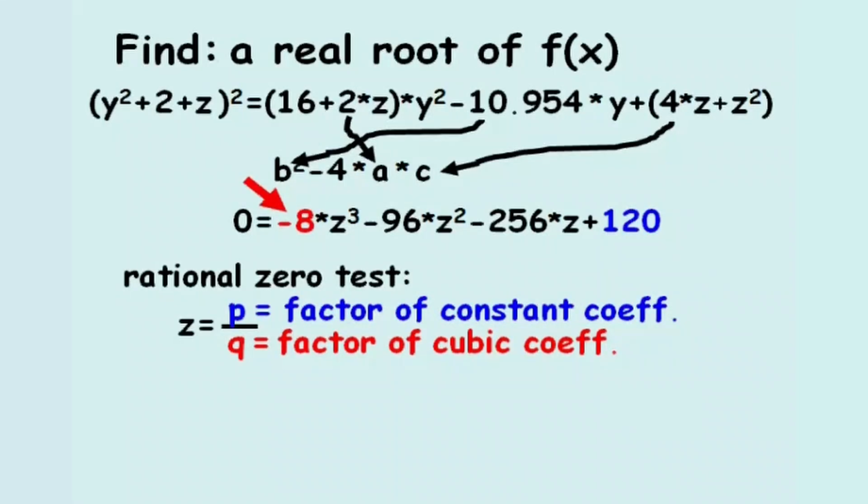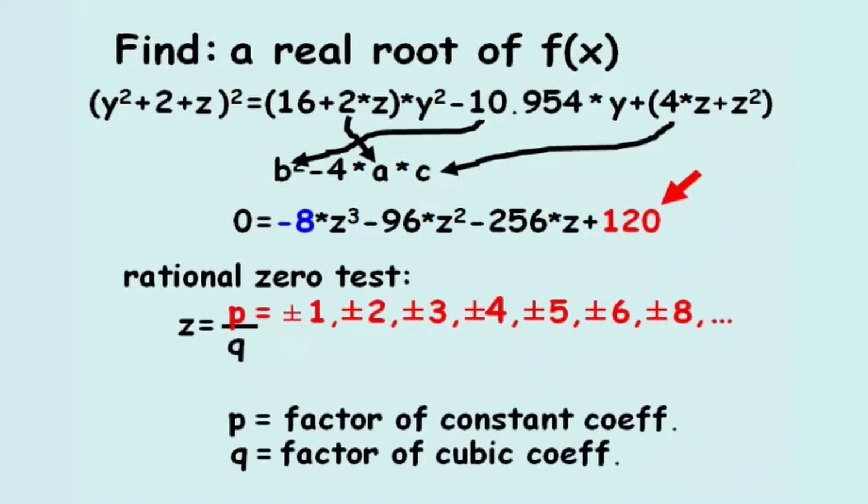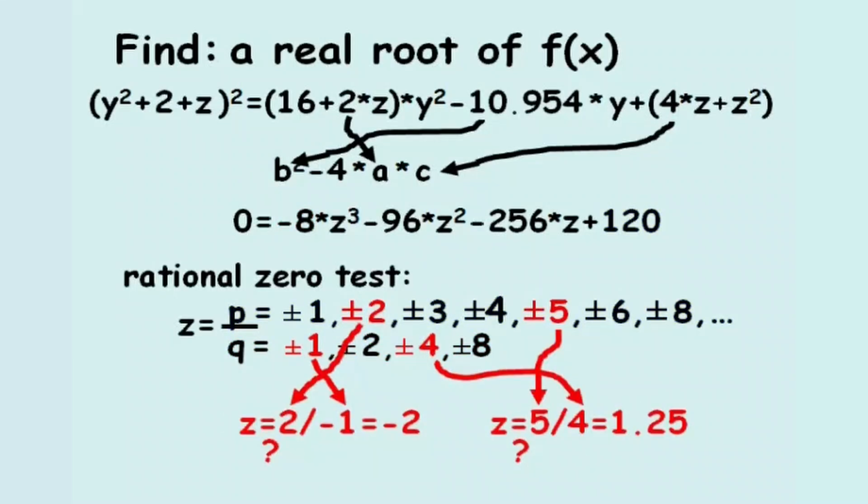Next, we'll list out some of the values for p and all of the values for q. According to the rational zero test, a possible root z may equal -2 or 1.25 or any one of the number of different possible quotients based on the values of p and q.